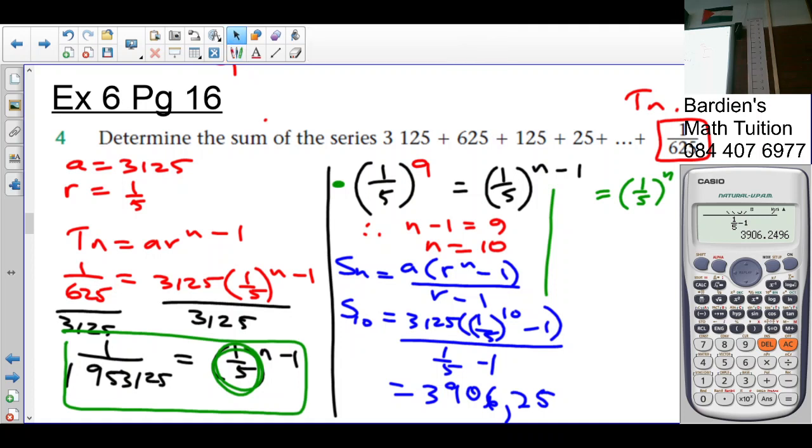So you see, 1 over 1,953,125. So you divided that by 1 over 5 raised to the negative 1. Is that what you said? So is that what you got as an answer? That's your mistake.